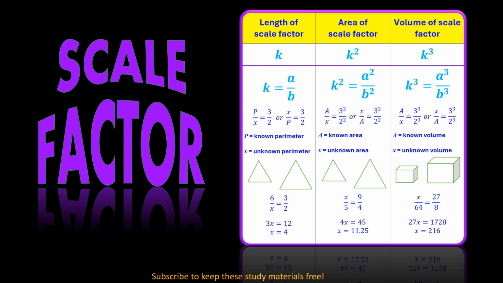Notice that over here, the x is with the smaller one, which is the unknown you're looking for, but on the next one you can have x related with the larger one. So it just depends on what your problem is asking you to do.